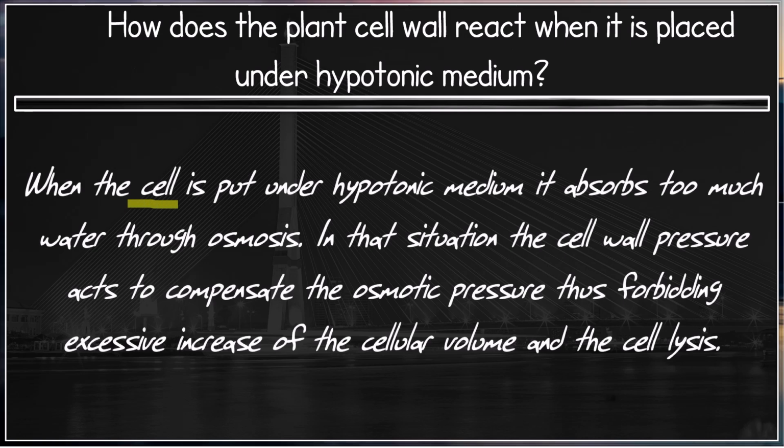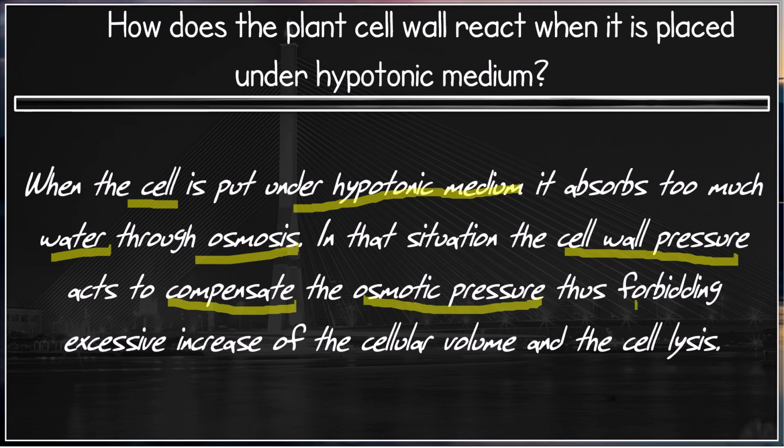When the cell is put under hypotonic medium, it absorbs too much water through osmosis. In that situation, the cell wall pressure acts to compensate the osmotic pressure, thus forbidding the excessive increase of the cellular volume and the cell lysis.